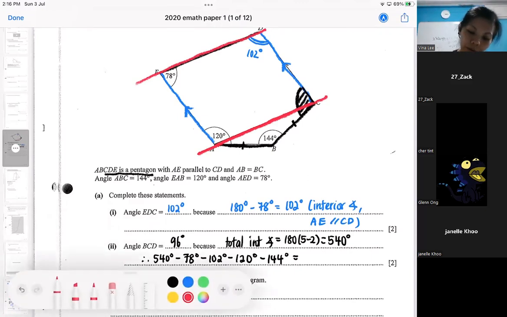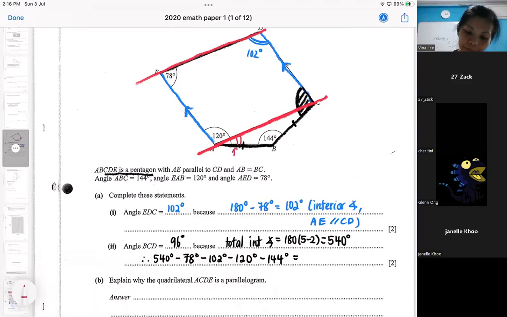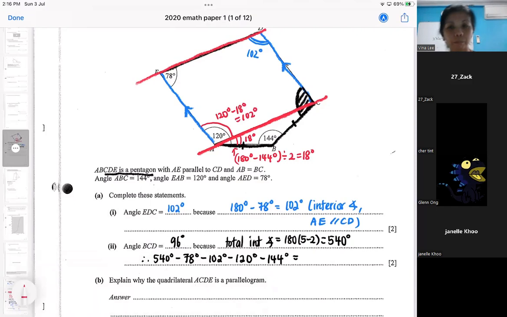Let me work it out here first to show you. You cannot treat them as already parallel, so you have to do all the other working. You have to show me this is 18, and that this is 120 minus 18 to give you 102. That means you calculate them out separately, and in the end these two add up to 180 degrees.